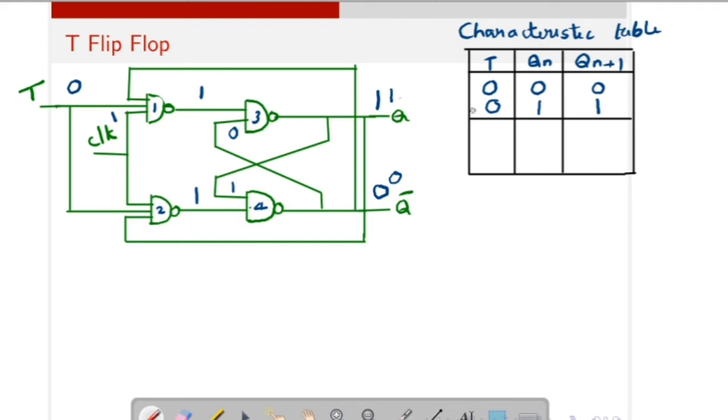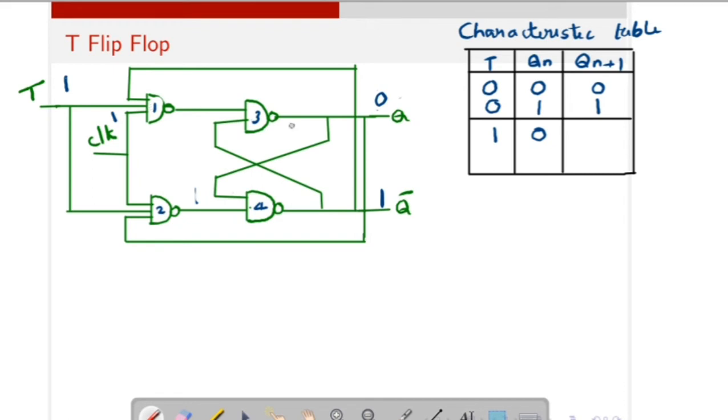Okay, then next we take T is equal to 1 and present state is 0. Okay, T is equal to 1 and present state is equal to 0. So when present state is equal to 0 means present state bar is equal to 1. Okay, T is equal to 1. So here clock is also 1. So we have to take the third input.